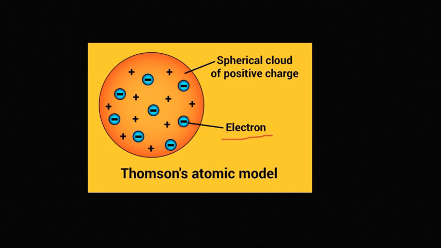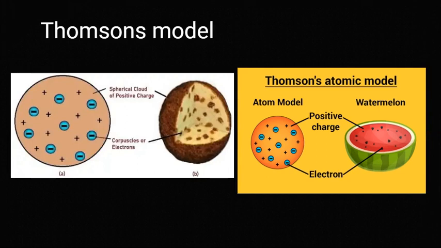He called these negatively charged particles electrons. So this is what people used to think atoms look like in the 1890s. His model was quite similar to the plum pudding model.